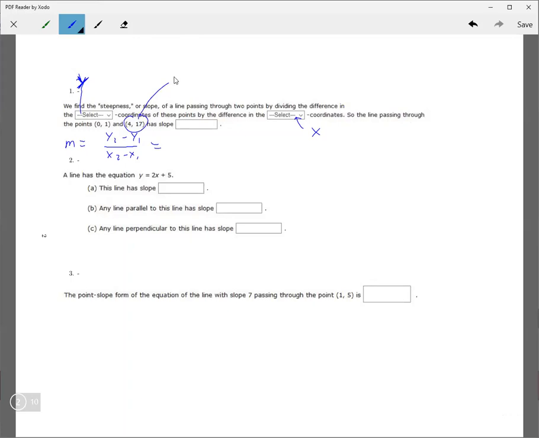This is x1, y1, or x2, y2. I'm sorry, the second point we'll call 2, and this is the first point. So y2 is going to be 17, y1 is going to be 1, x2 is 4, and x1 is 0. So that's going to be 16 over 4, which is 4. Those are the answers to that one.